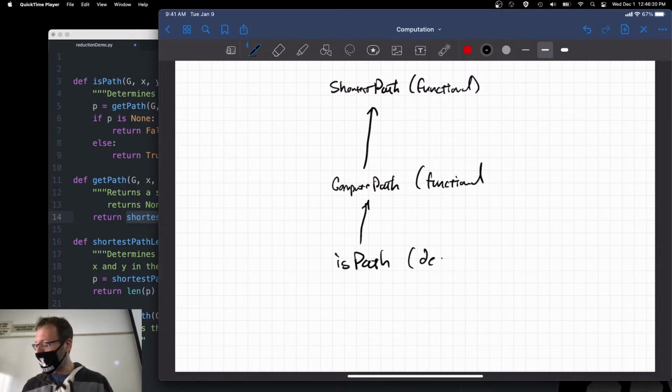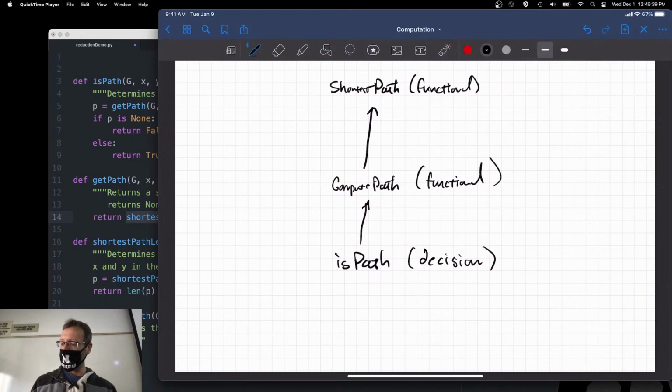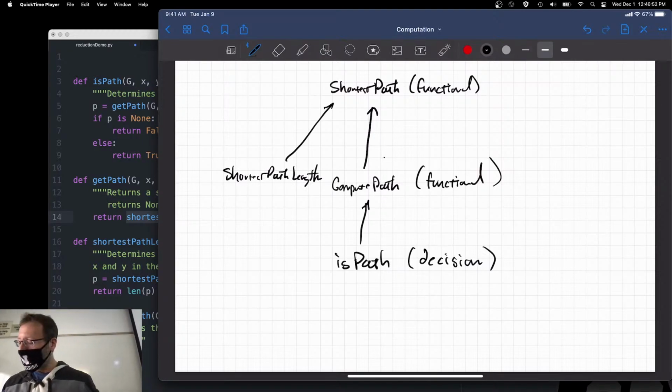And this is the decision version. Remember, because we're only returning true or false, we're accepting or rejecting if we were talking about it in terms of Turing machines. What about that other one, shortest path length? Did we establish any sort of relationship between these two? Nope. But we did establish a relationship between shortest path and shortest path length. So these are reductions.